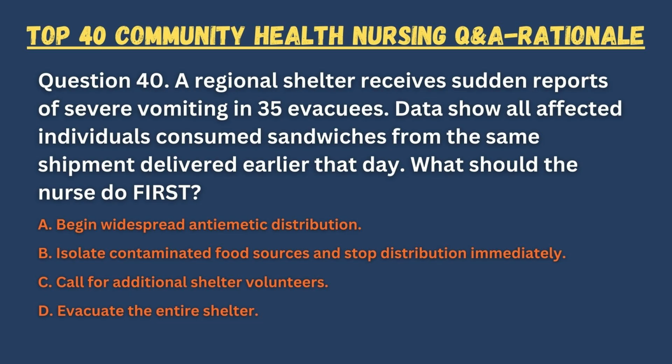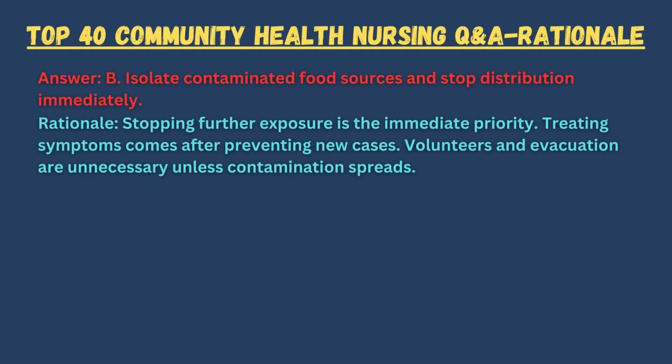C. Call for additional shelter volunteers. D. Evacuate the entire shelter. Answer: B. Isolate contaminated food sources and stop distribution immediately. Rationale: Stopping further exposure is the immediate priority. Treating symptoms comes after preventing new cases. Volunteers and evacuation are unnecessary unless contamination spreads.